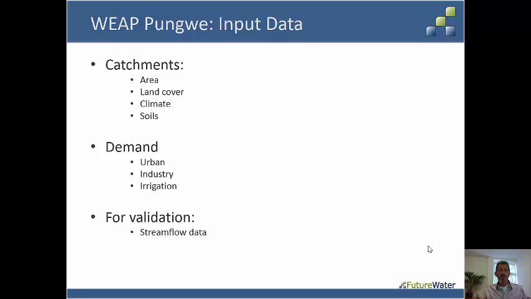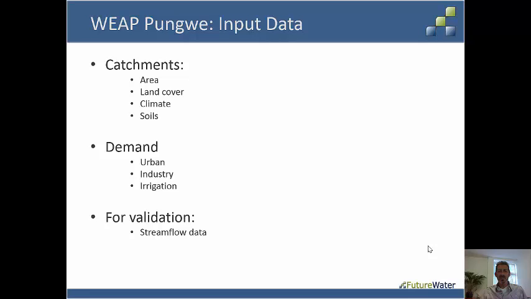Of course, you need to know something about the demand, so you need to know the population and something about the industrial activities. Important, of course, is the irrigation extent, the hectares of irrigation. Not essential, but for validation it might be very useful to have some streamflow data. Sometimes people ask me how much data we actually need.